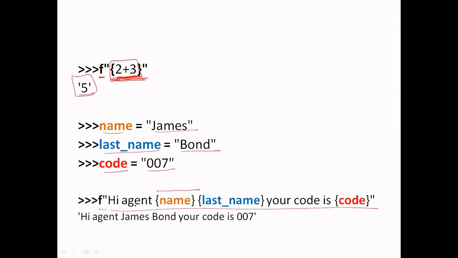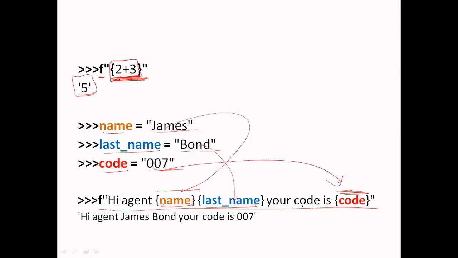Here I have written: hi agent, name, last name, your code is, then code. So the variable name will be replaced with this value, last name will be replaced by its value, that means Bond, and the code will be replaced by this value 007.